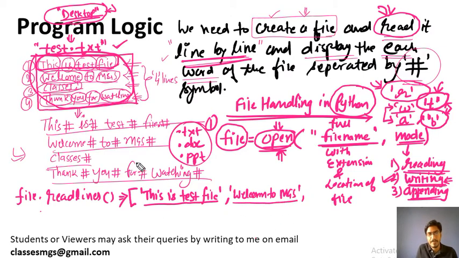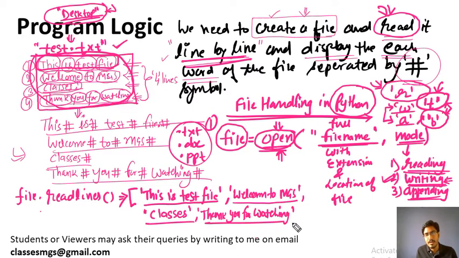Then the third line or third item of the list. Then "Thank you for watching." It will be the fourth item. So it will return like this.